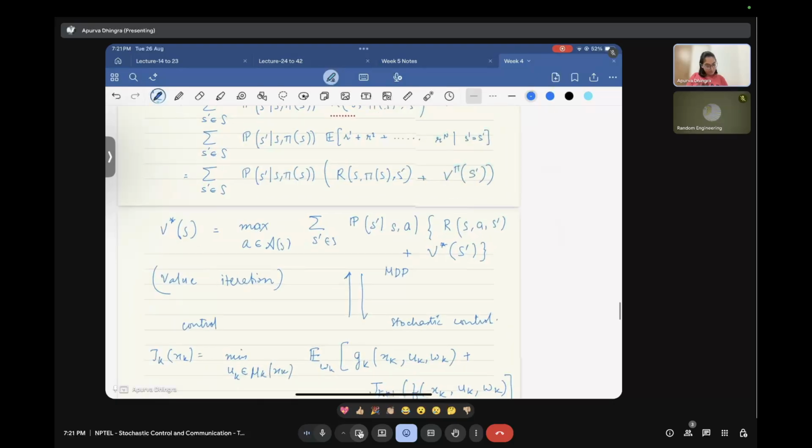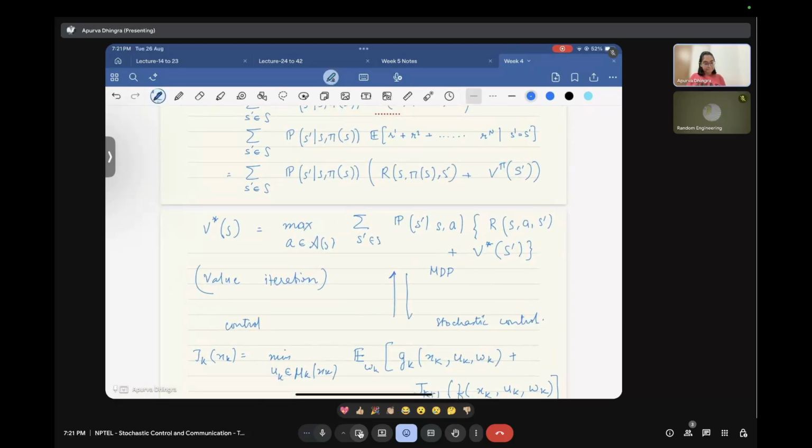Right, you remember this form, right? There is the first term, which is just the expected reward, and there is this expectation, right? The previous J's with the transition probability of that. So this is the extra component that I'm considering. Whatever reward or cost stage wise, I've already considered that. This is the next term.